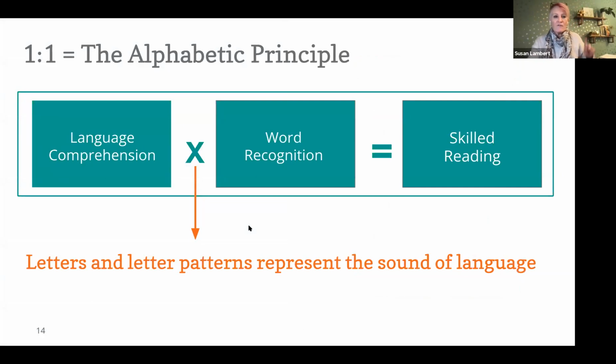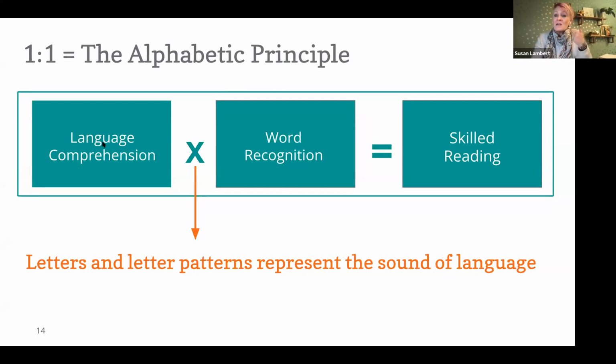Okay, the alphabetic principle here. Let's revisit this simple view of reading. We talked about that, remember that center part of the hourglass, that little tiny piece that we have to push all the way through in order to open up all the rest of this orthography, or the writing system. We can think about this alphabetic principle as the multiplier between language comprehension and word recognition. What's on the language comprehension side?